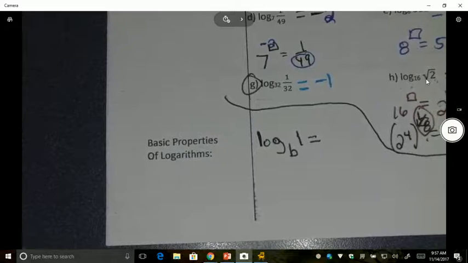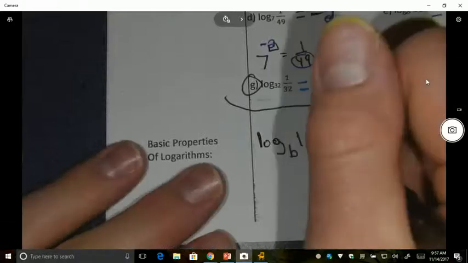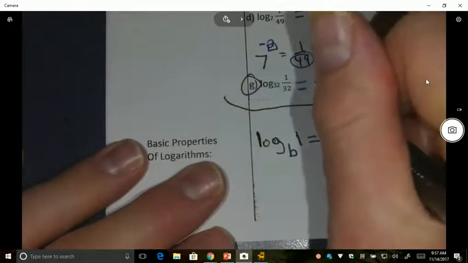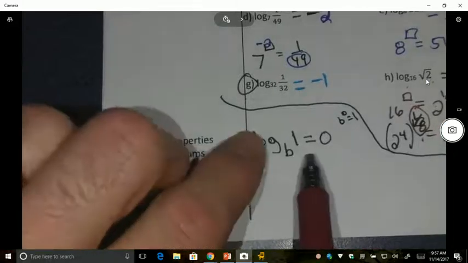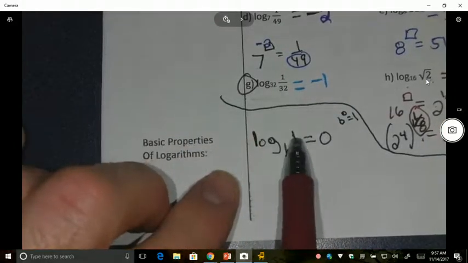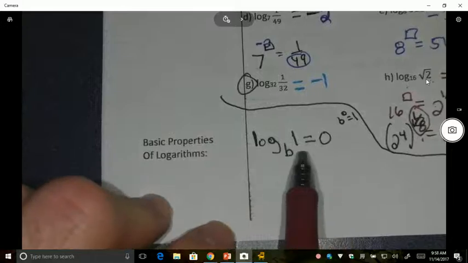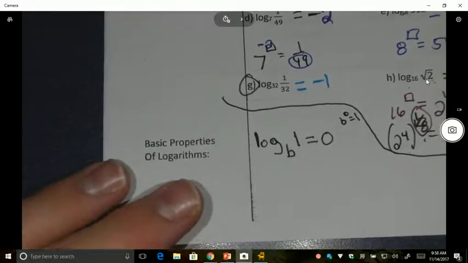Think about it in terms of exponential form. 0, because b to the power of 0 is always 1. Any base raised to the 0 power is 1. So if you see a 1 inside the logarithm, then the answer to that logarithmic expression is 0.